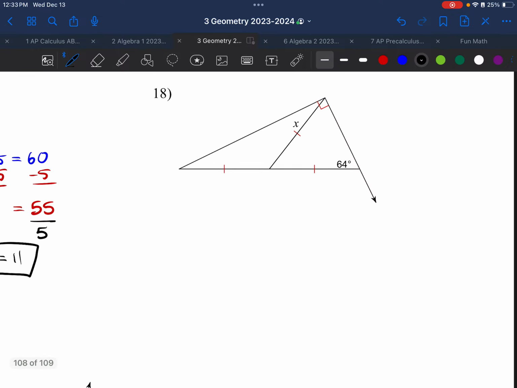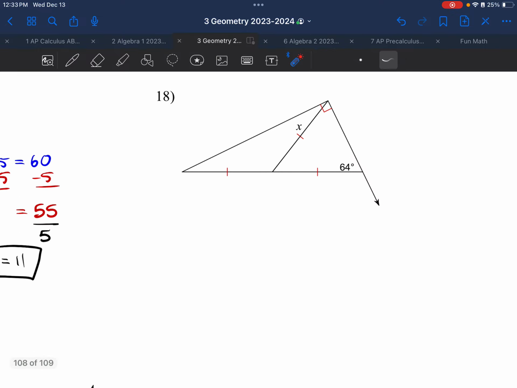For number 18, I know that this angle is 64, and I know that this is an isosceles triangle. If this is an isosceles triangle, these two side lengths are the same, and these two base angles are the same. Therefore, this angle up here is 64. We can figure out this other angle because these three angles must add up to 180 degrees.